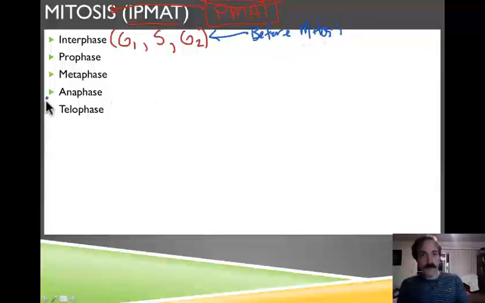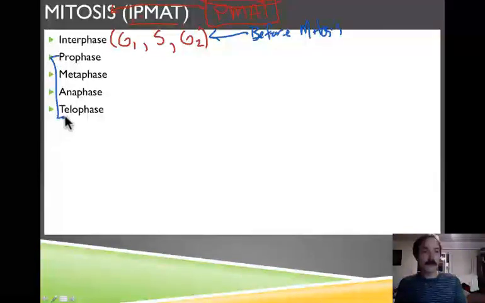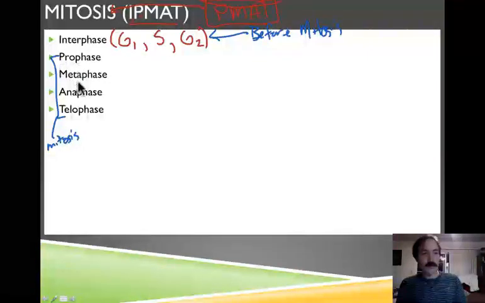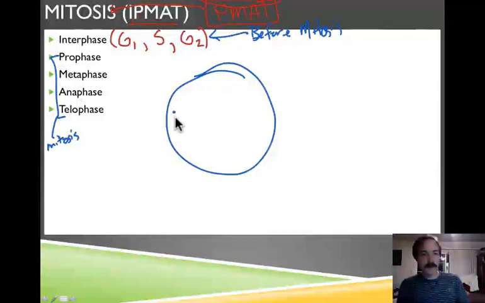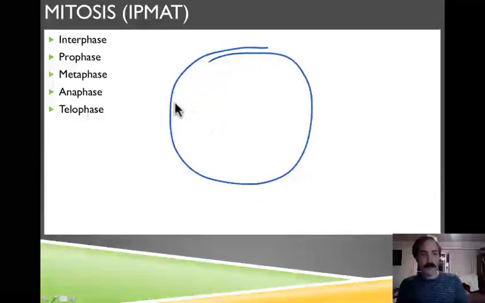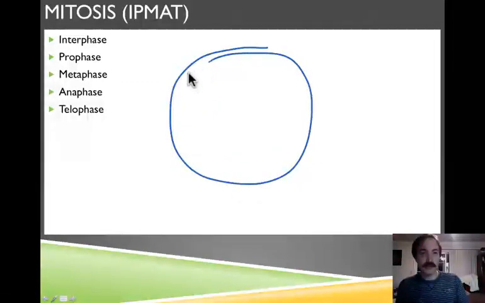Now let's get to the actual steps. So these 4 things right here, these are mitosis, broken down into 4 parts. We're going to start with prophase, okay? And so in prophase, you have your cell. I'm going to clean this up a little bit just so we can have more space and we can see some detail.